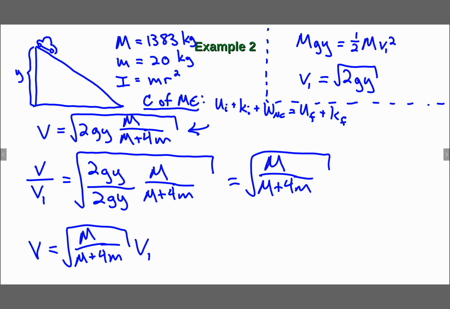And then if we do this, we find that v, if we plug in these masses, equals 0.97 v1. So when we made the approximation that a car rolling down a hill was sliding without friction, we were only off by about 3%, when we solve it with the wheels rolling for this kind of realistic case with the Toyota Corolla.